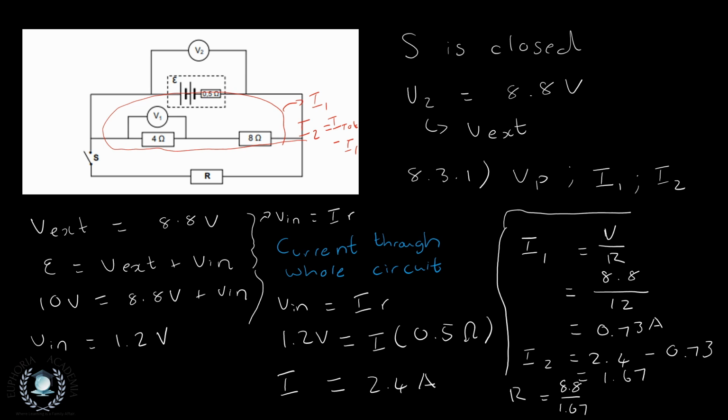I just want to write everything on one page. 8.8 divided by 1.67, and we will find that our resistance is 5.27 ohms. So that is our answer. And yeah, this was a bit long-winded, but hope you guys got it.